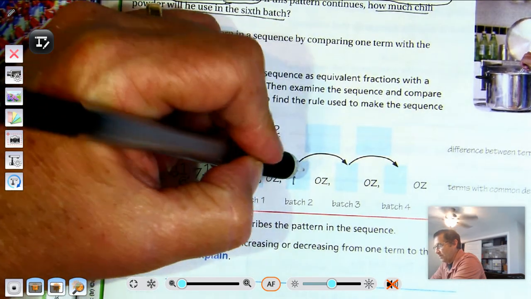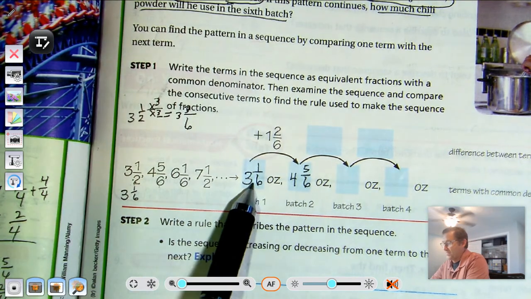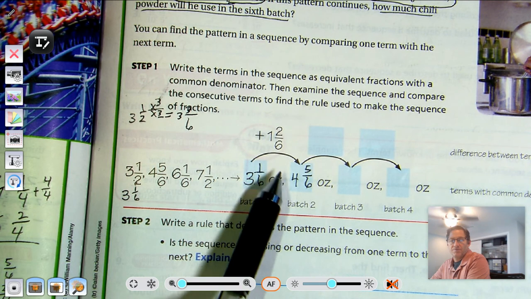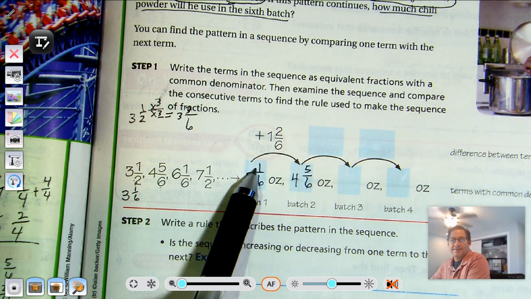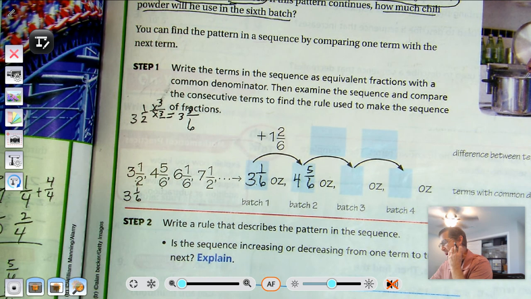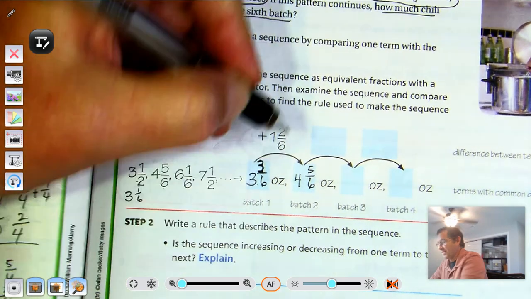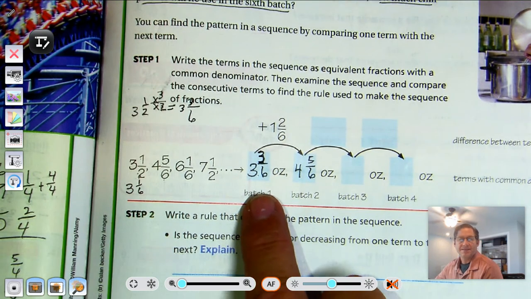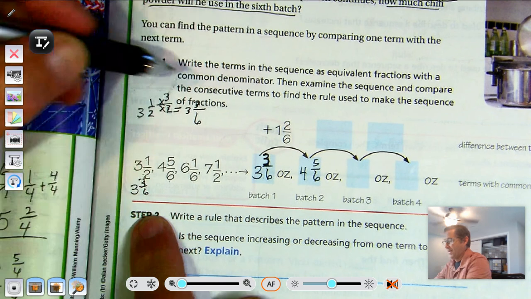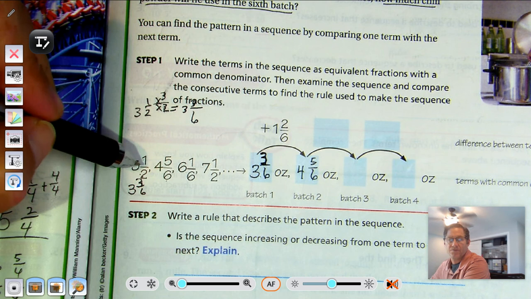Then it went to 4 5/6. So how much did it add to go from this to this? Oh, I'm sorry, I didn't think that made sense. 3 3/6 should be the same as 3.5. Okay, so 3 3/6 is the same as 3.5.